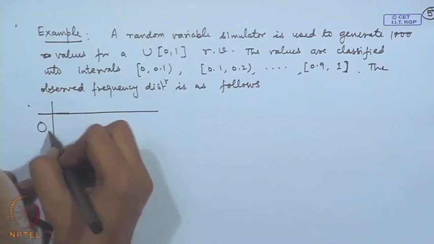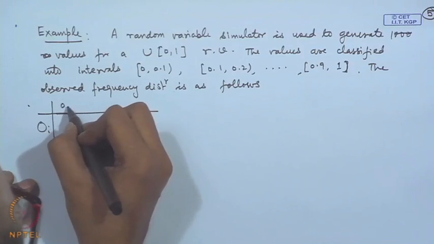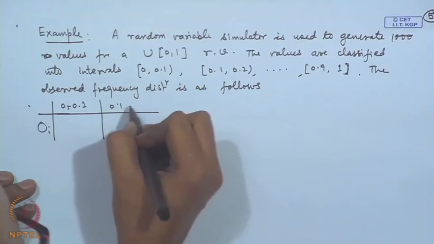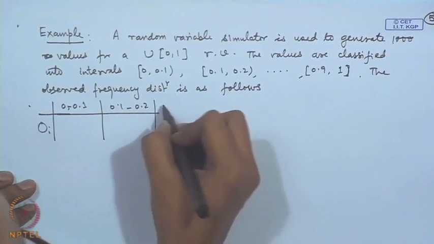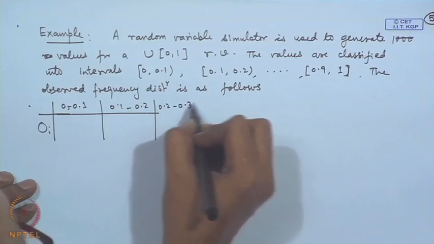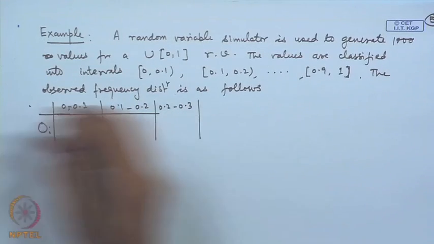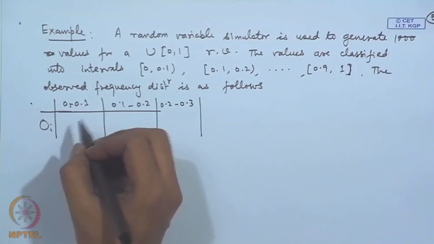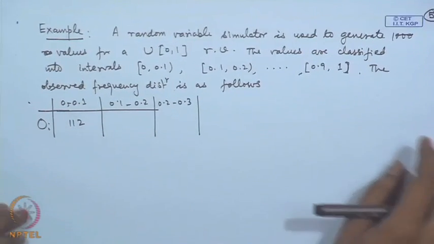So, these are Oi's: between 0 to 0.1, there are 112 values.